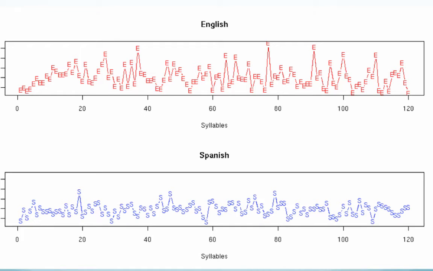And Spanish, it's much more regular. In that sense, the musicality of both languages is very different.